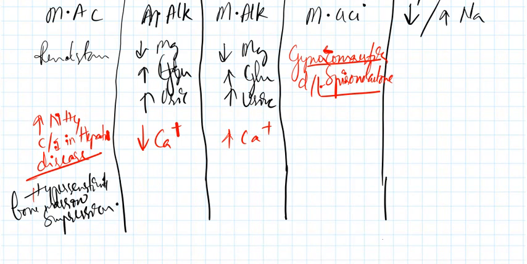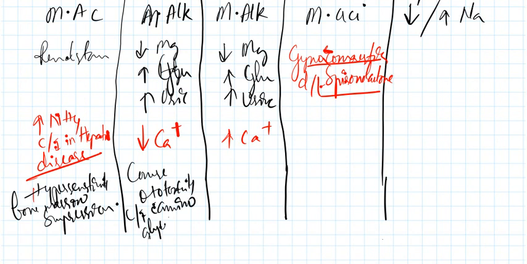Loop diuretics cause ototoxicity, and they are contraindicated with aminoglycosides. What is the most important side effect of aminoglycosides, streptomycin, kanamycin, tobramycin? Can anyone? Ototoxicity.